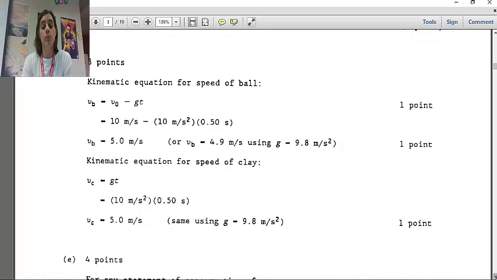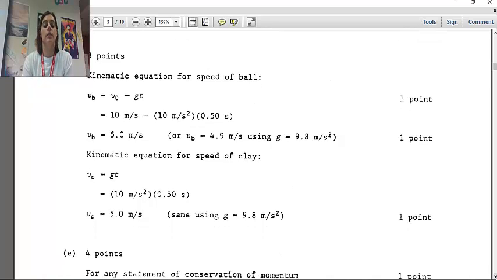Then we want to find the speed of the ball right before the collision and the speed of the clay right before the collision. So again, we can use kinematic equations that have constant acceleration. For the ball, it's got an initial velocity upward and it's slowing down. So V initial minus g times t will give you the speed of the ball.